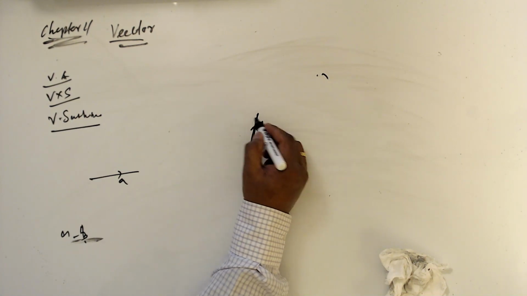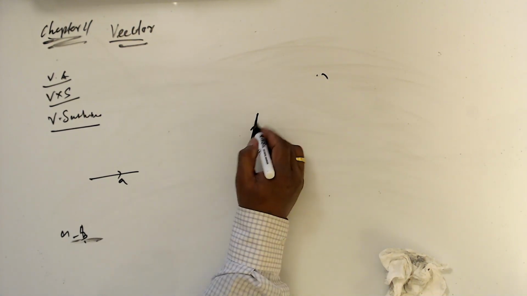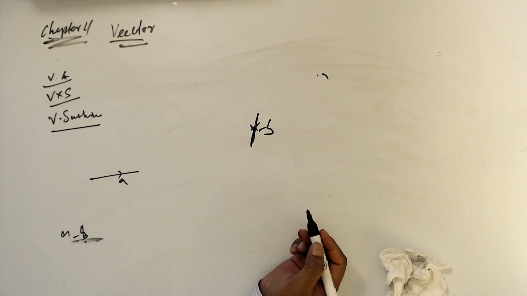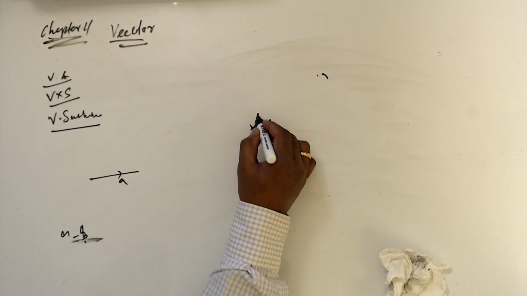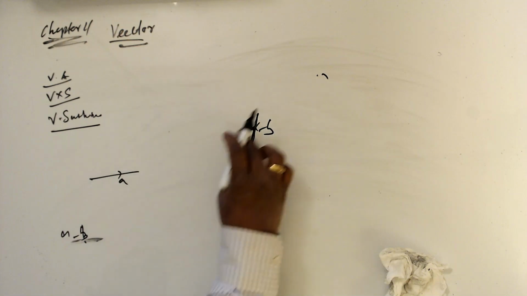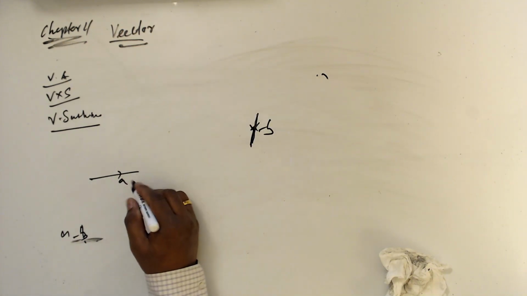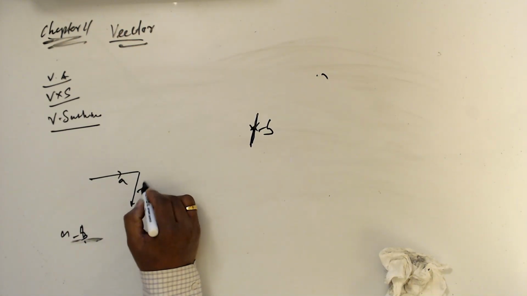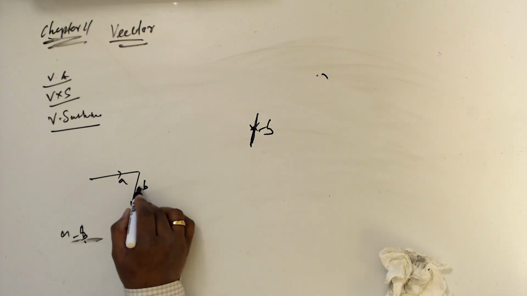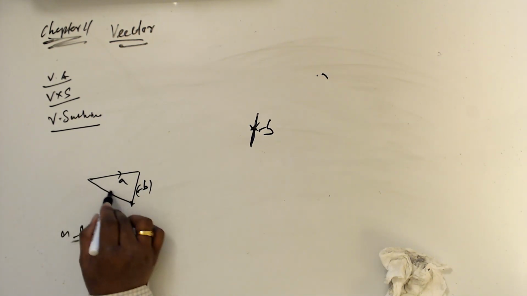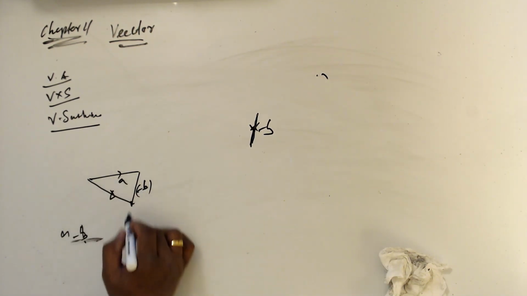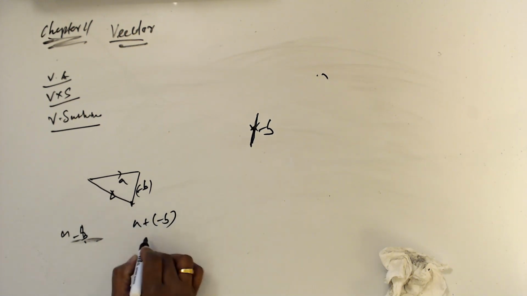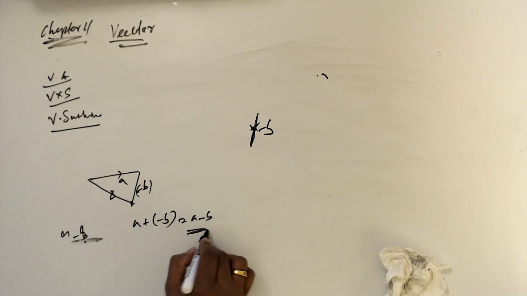So this is going to be minus B. Now draw a similar, equal vector to here. This is minus B. Now use the triangle law. A plus minus B, A minus B.